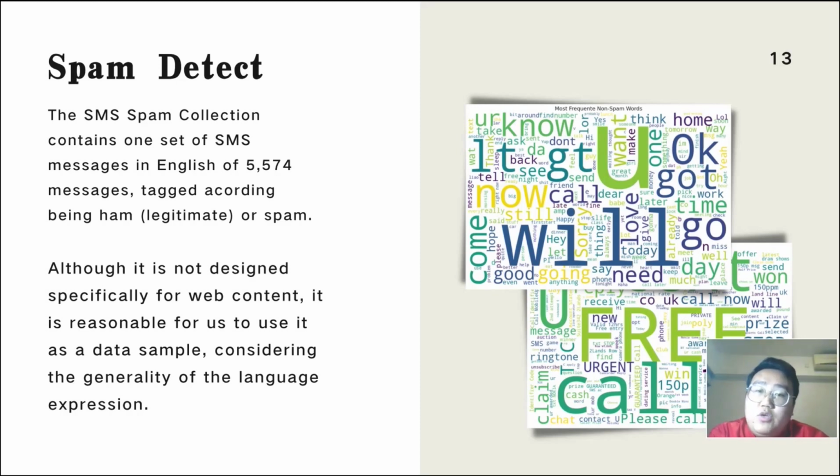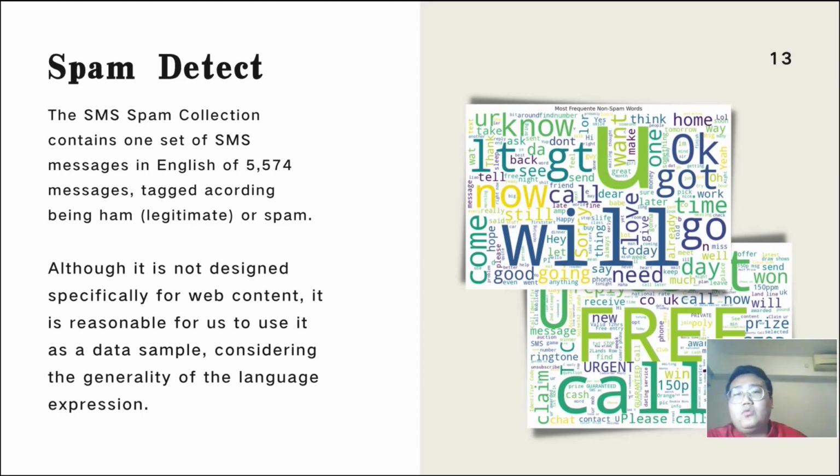If possible, in the future, we will select newer datasets that are more relevant to the usage scenario, as people's language habits will continue to change with time. The next step is to start describing our spam detection feature in detail.